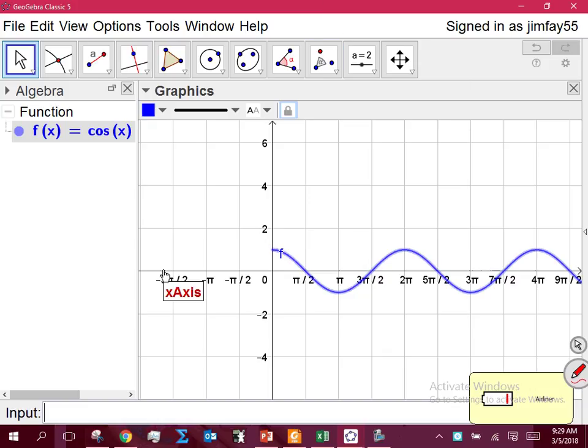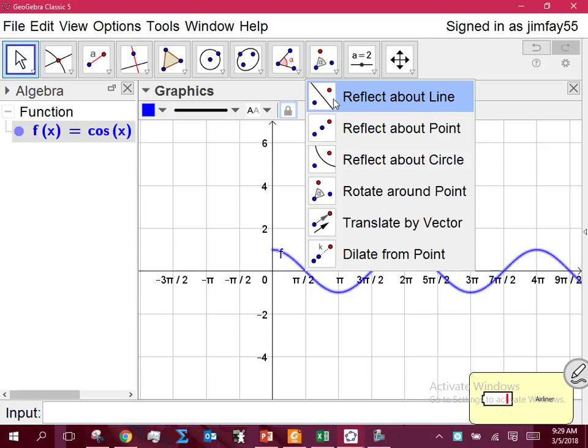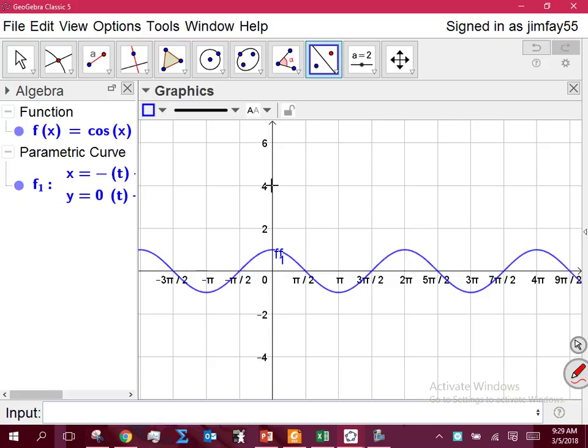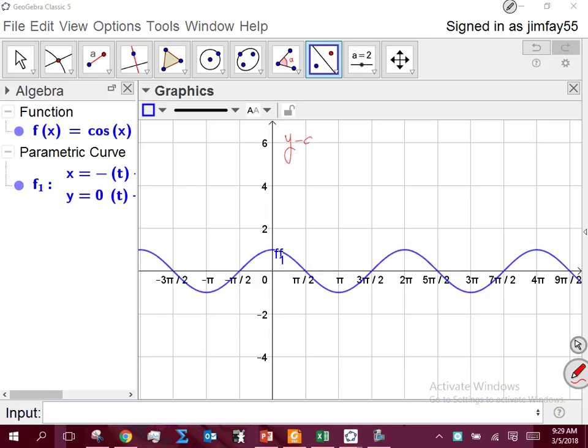To get the rest of it, we just simply take that curve and reflect it on the y-axis, and it gives me the rest of it, okay? So that is when it has y-axis symmetry, or we recognize that we can create the curve by a reflection across the y-axis. That was referred back to algebra as an even function.